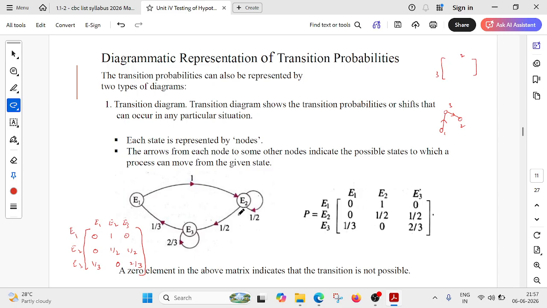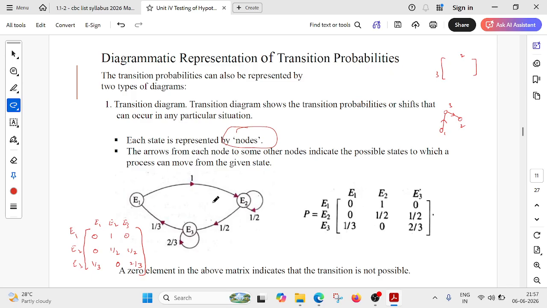Now, diagrammatic representation of transition probabilities. The transition probabilities can also be represented by diagrams. The transition diagram shows the transitions that can occur in any particular situation. Each state is represented by a node, and the arrow from each node to other nodes indicates a possible state to which the process can move from the given state.